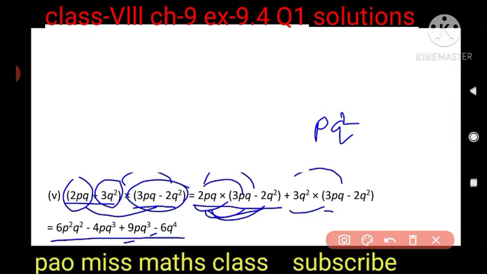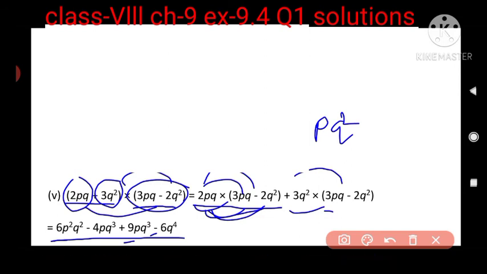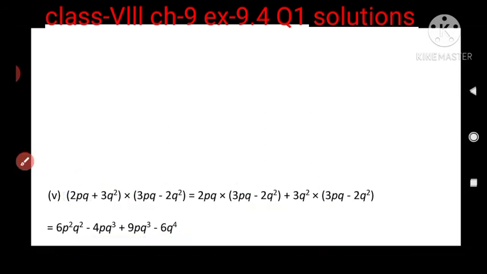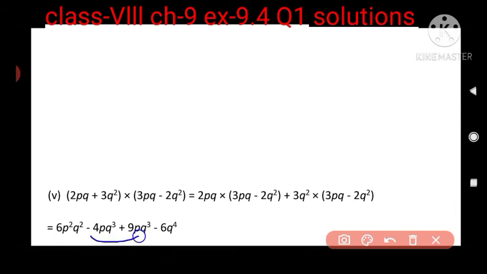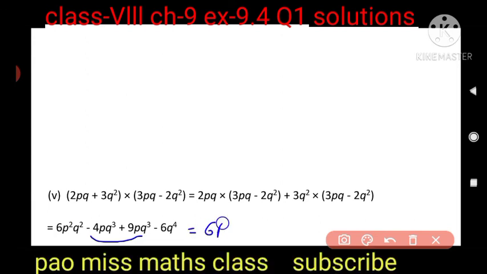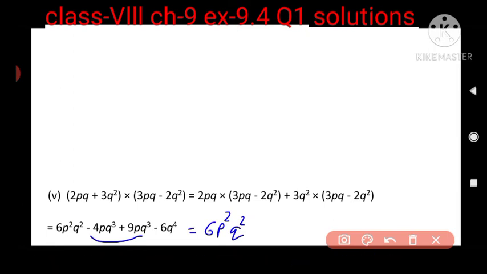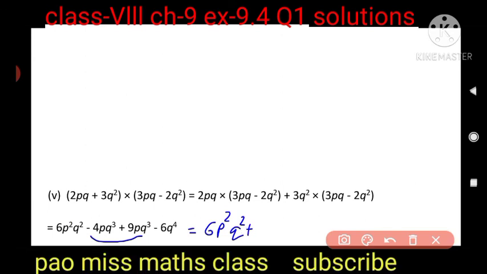Now is there any like term? Yes, we can see like terms, isn't it? So I will erase all this now. Now these 2 are like terms. Here pq square and here also pq square. That means what will be the next line? That means 6p square q square, and here minus and plus is equal to what? Minus and plus is equal to minus, and the greater number's sign we have to put.